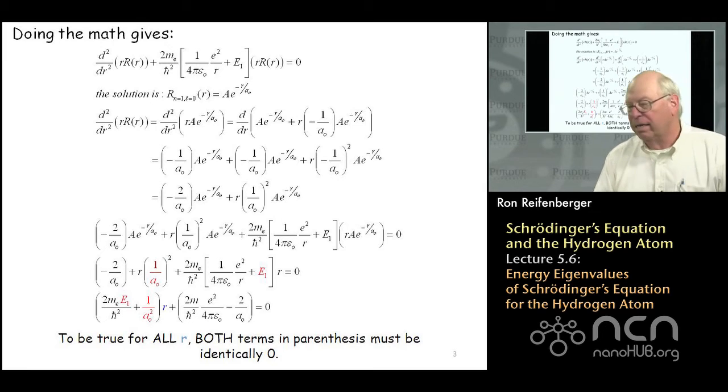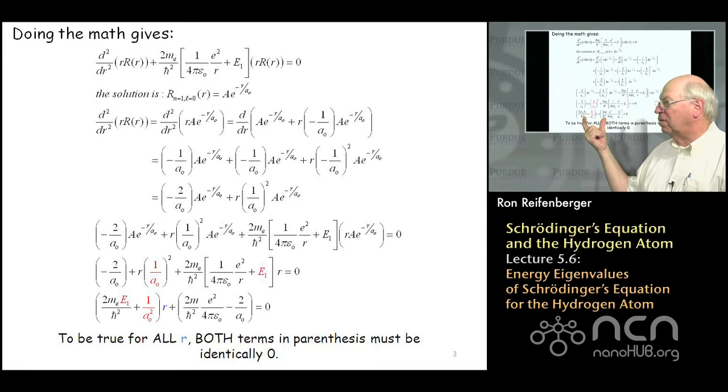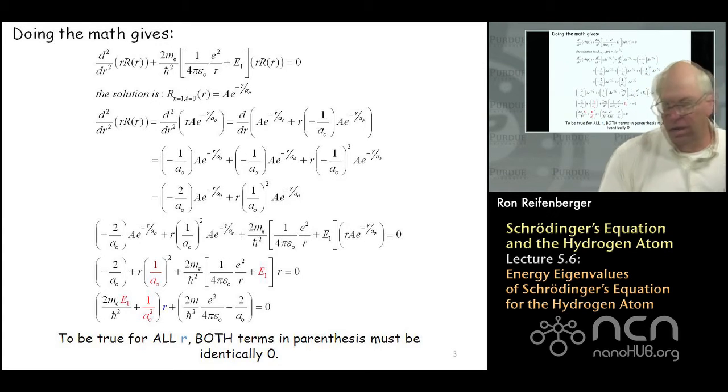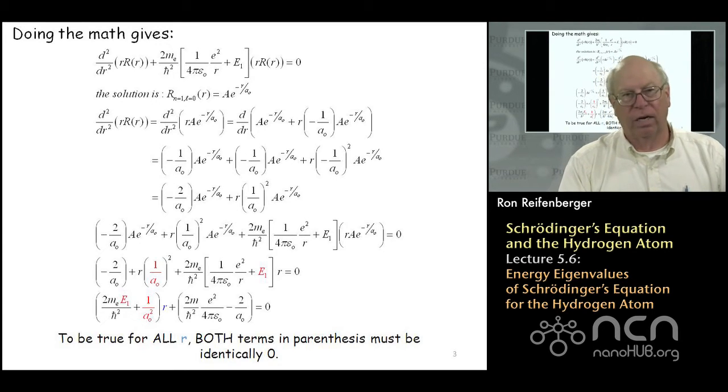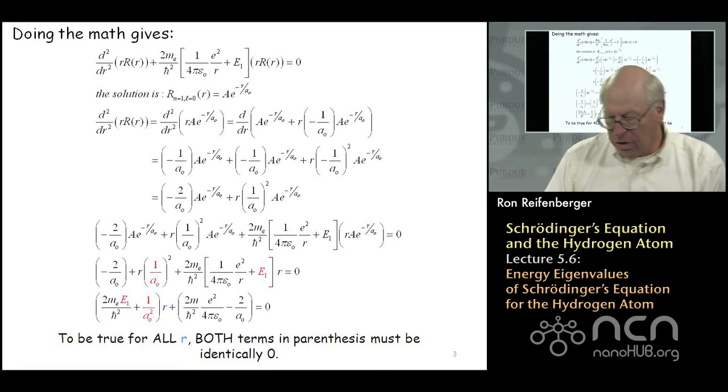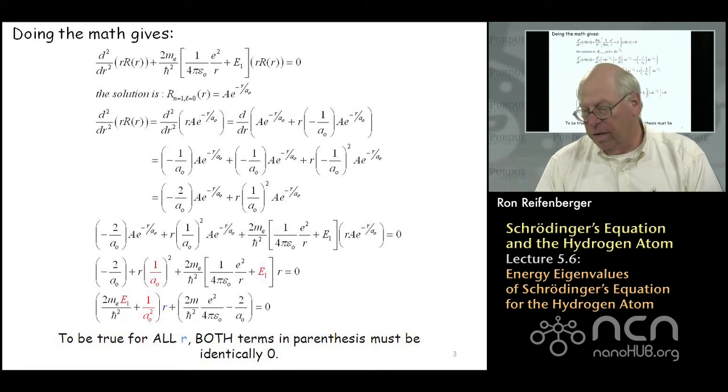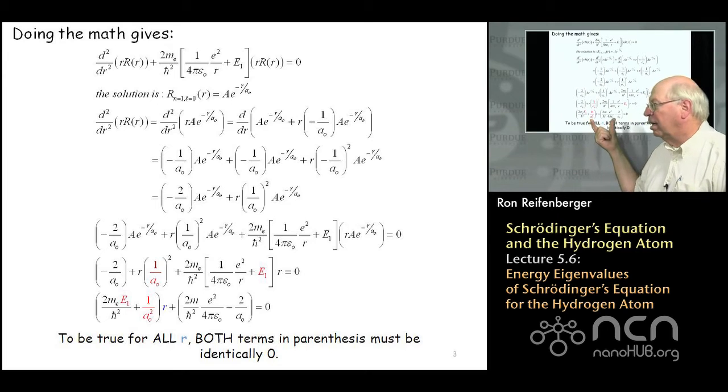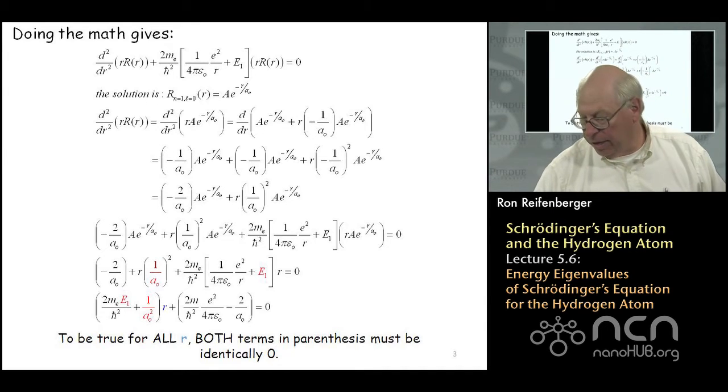If they were not, it would be virtually impossible to satisfy this equation for any value of the coordinate r that you could imagine. So we use that fact to take this one equation and split it into two separate equations.